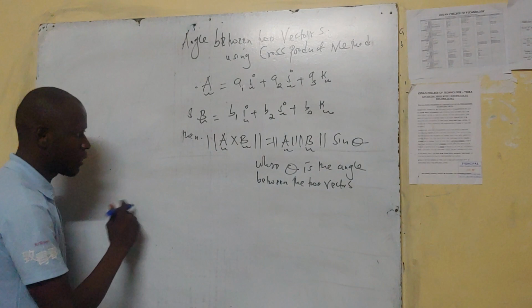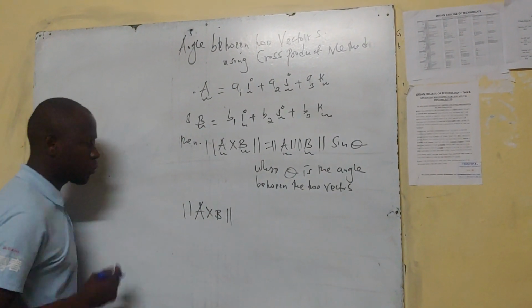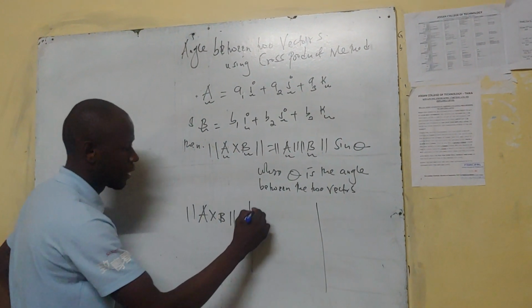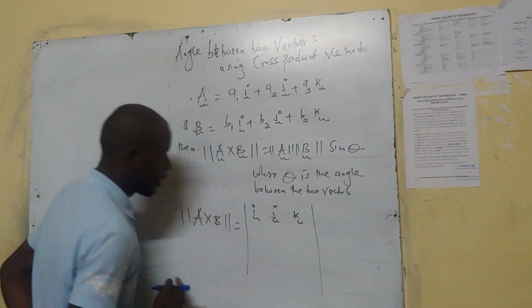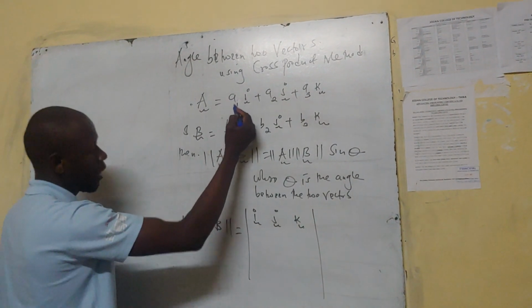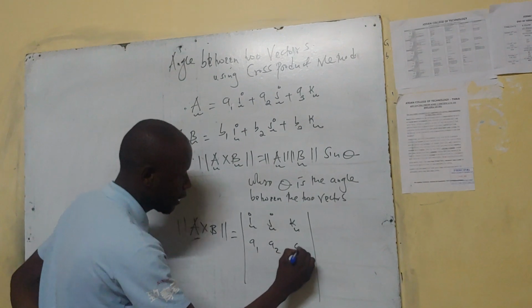And in our previous videos, we said that A cross B, the cross product between two vectors, is always given by the determinant of a 3 by 3 matrix, that is vectors I, J, K. Then the second row is filled by the elements of A: along I is A1, along J is A2, along K is A3.